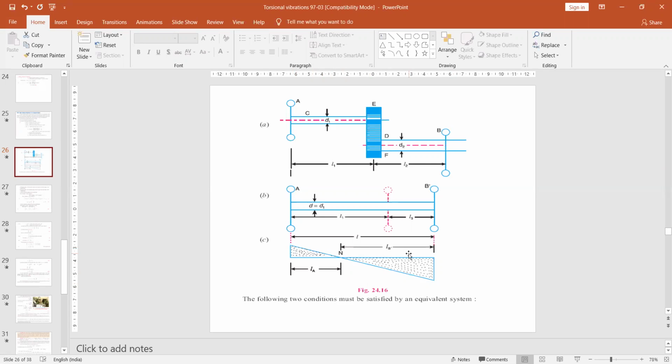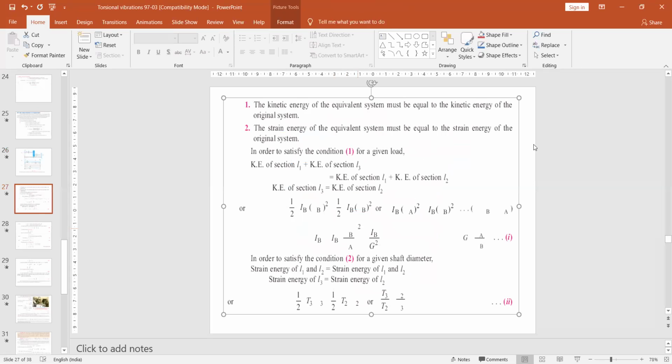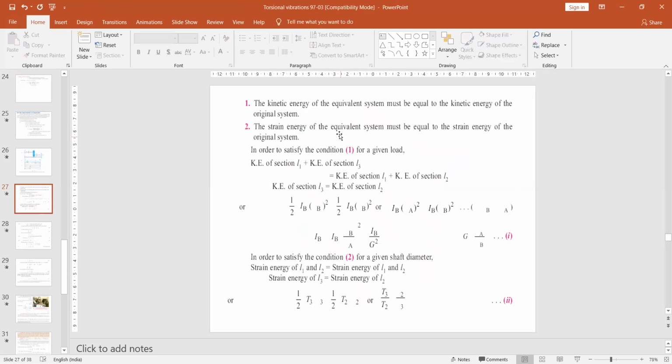Now, the kinetic energy of the equivalent system must be equal to the kinetic energy of the original system.